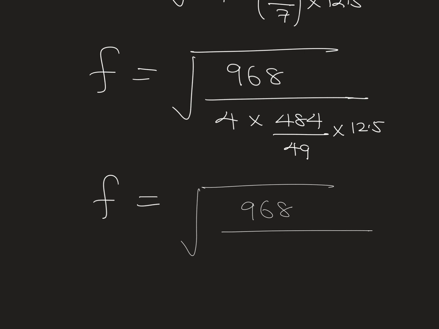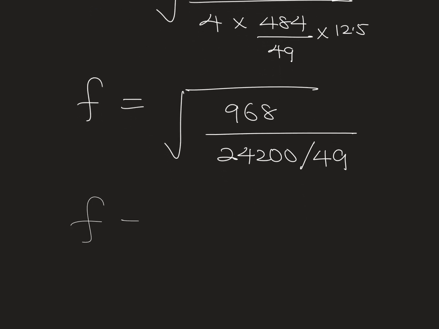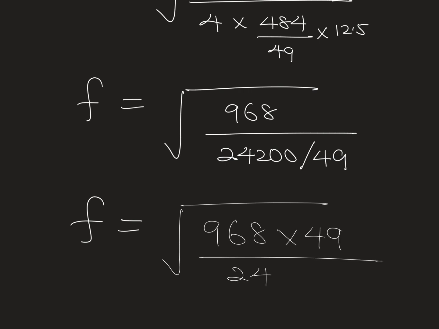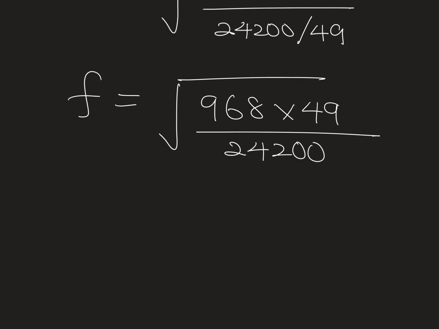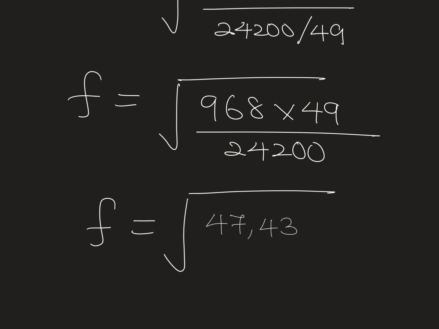If we should leave that in fraction, that will be 24200 over 49. So the frequency would have been the square root of 968 times 49 all over 24200. So the frequency will be the square root of 968 times 49 is 47,432.